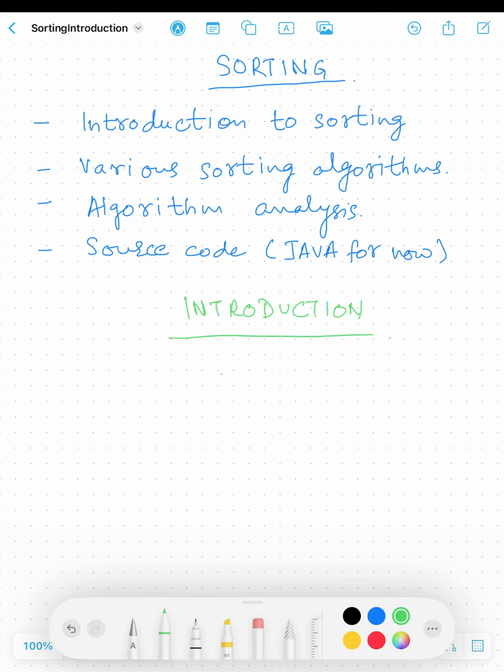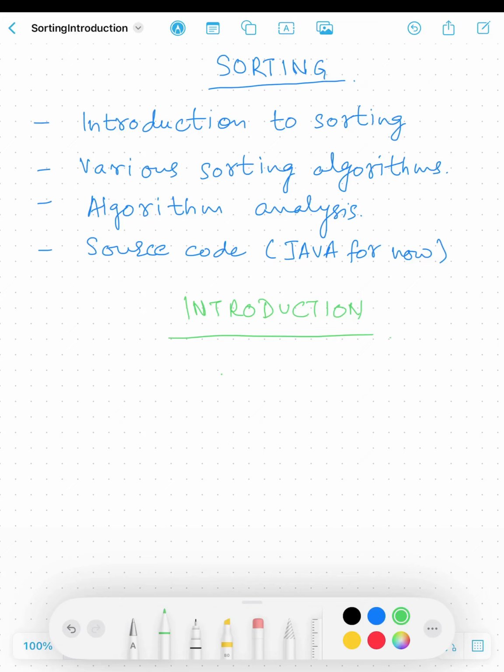So what is sorting? Sorting is basically arranging your data in a very specific order. Generally, this order is either increasing order or decreasing order. By increasing order, we mean that our data is going to be in the form of increasing values based on a certain rule.